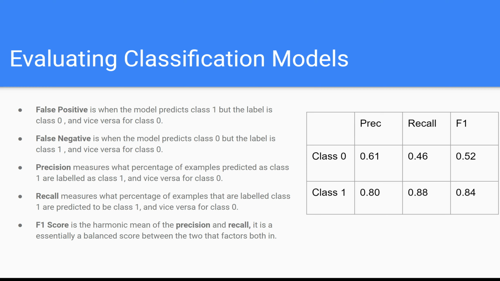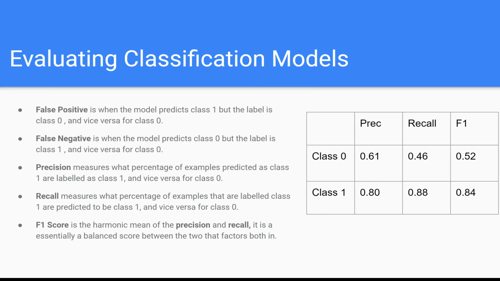That's what precision is. So on the test set or the training data set, whatever our data set is, let's pull out all the examples where the model predicted class 1, and then see what percentage of those were actually labeled as class 1. That's precision. For recall, we pull out all of the examples in that data set that were labeled as class 1, not predicted, but labeled as class 1, and then see what percentage of those were predicted to be class 1.